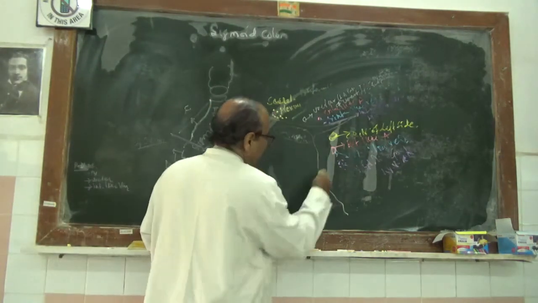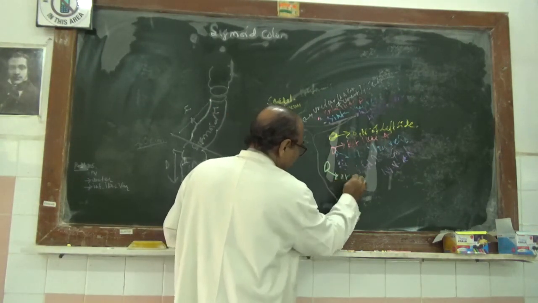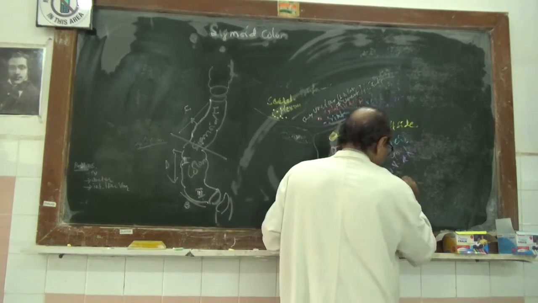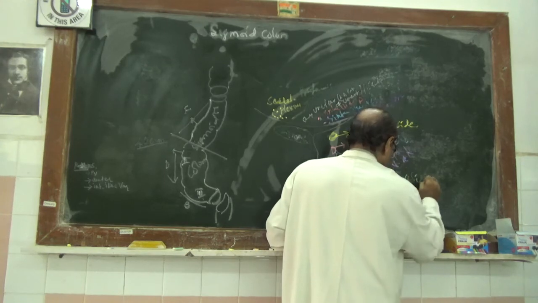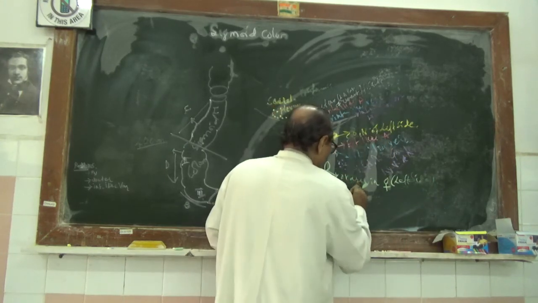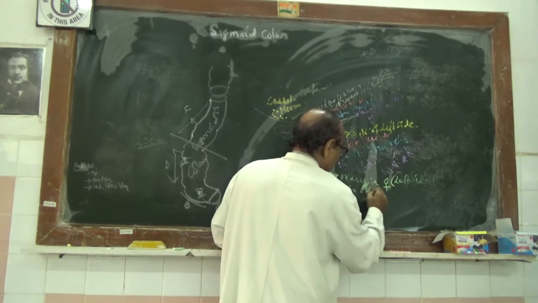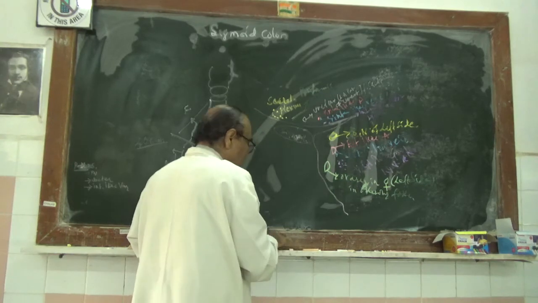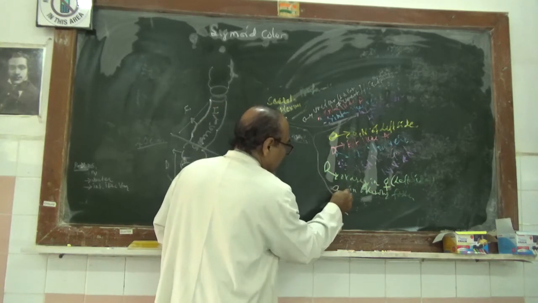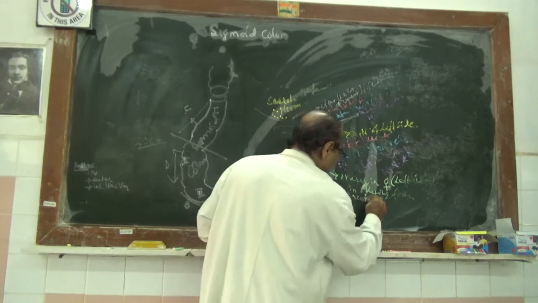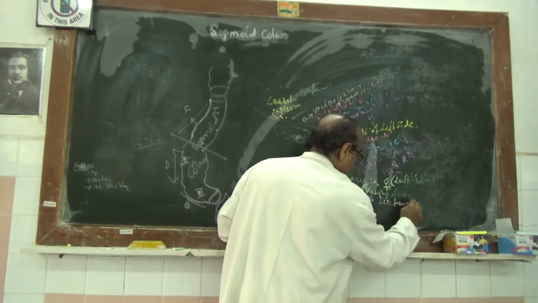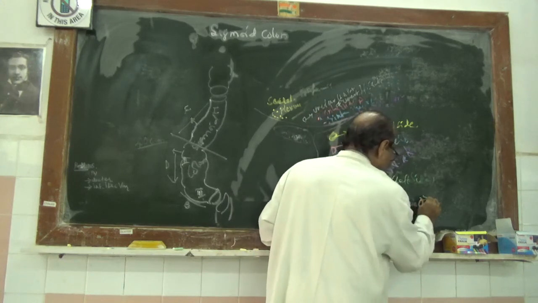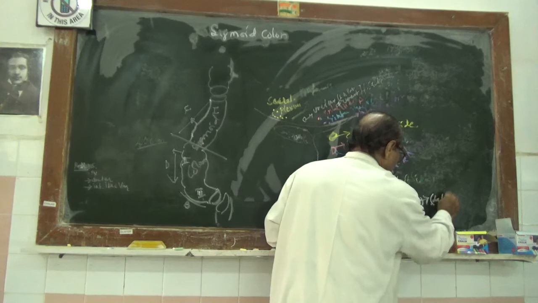Then you will have the ovary in female, that is the left side, in the ovarian fossa. Then in male you will have the ductus deferens, that is the left side ductus deferens.